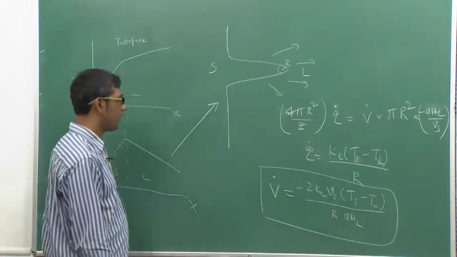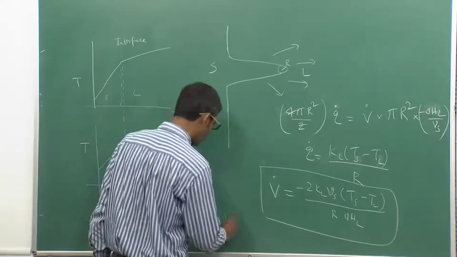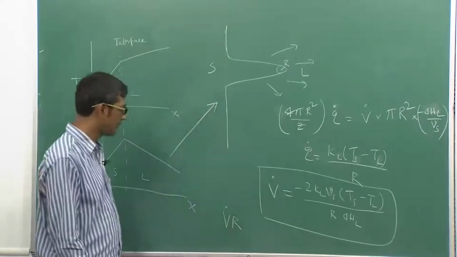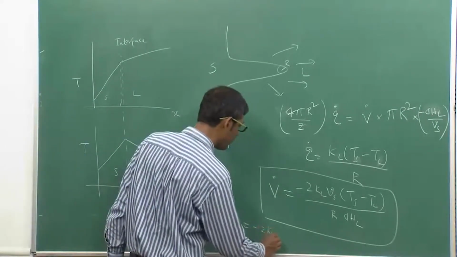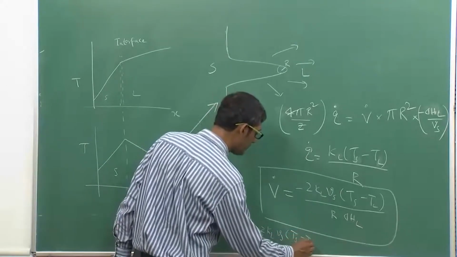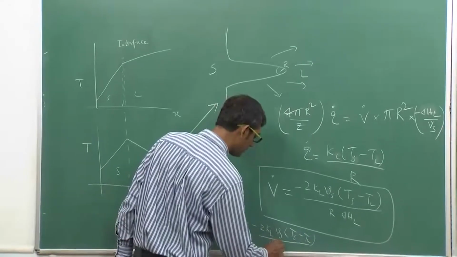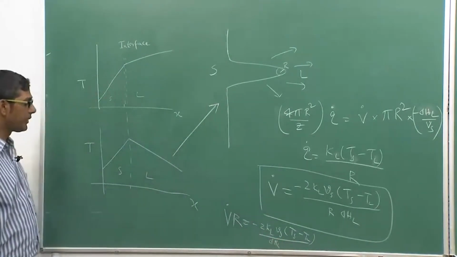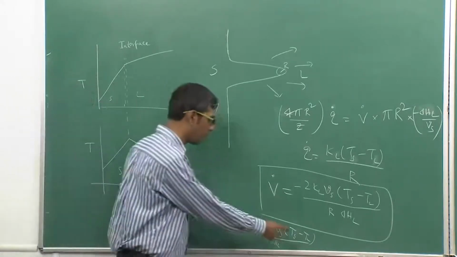So now if I carefully write it down, the growth rate V dot R is equal to minus twice K_L V_S (T_S minus T_L) divided by delta H_L, correct. So this depends on the temperature difference between solid and liquid, that means it depends on the undercooling, delta T.